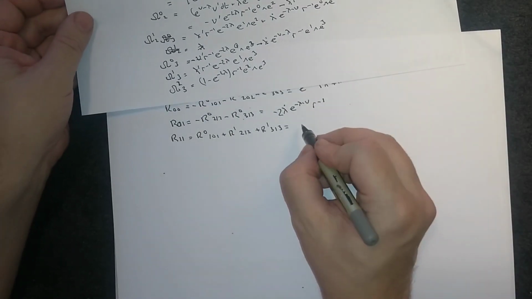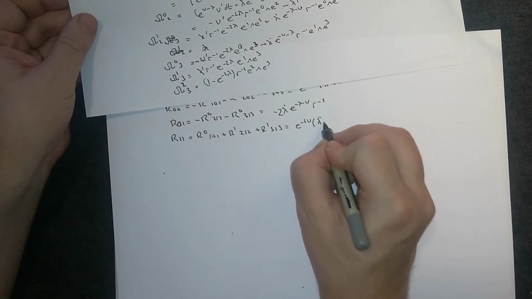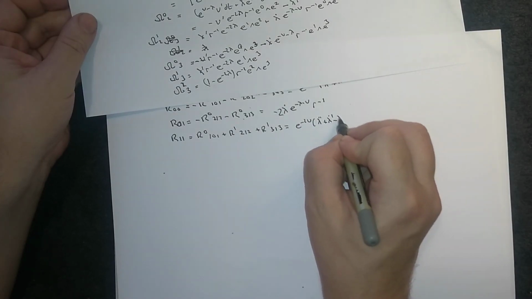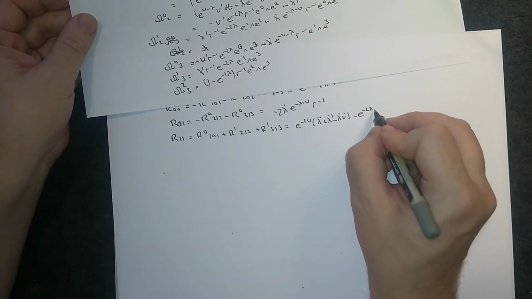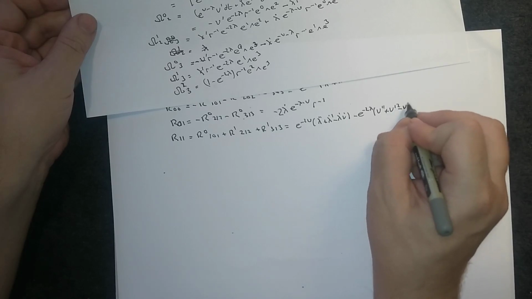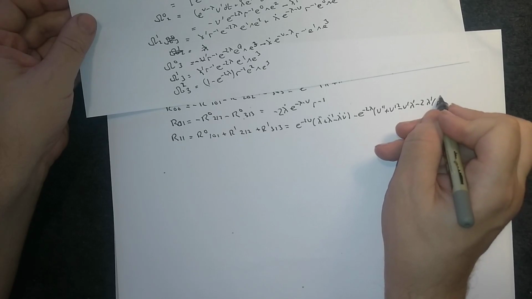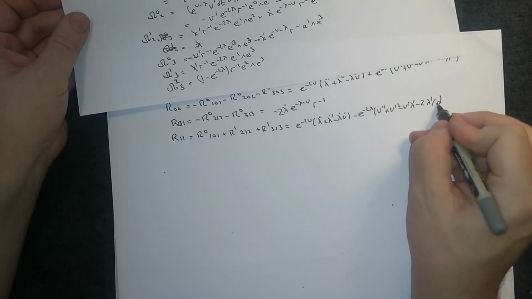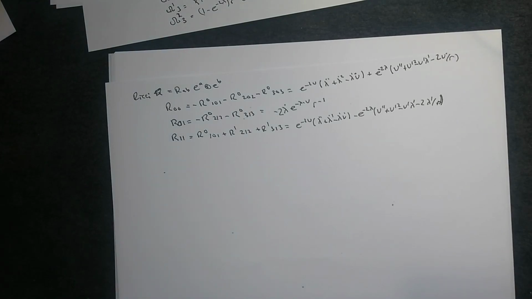So that gives me e to the minus 2 nu lambda double dot plus lambda dot squared minus lambda dot nu dot, minus e to the minus 2 lambda nu double prime plus nu prime squared minus nu prime lambda prime, and these extra two terms. So it's rather similar to what we have up there.